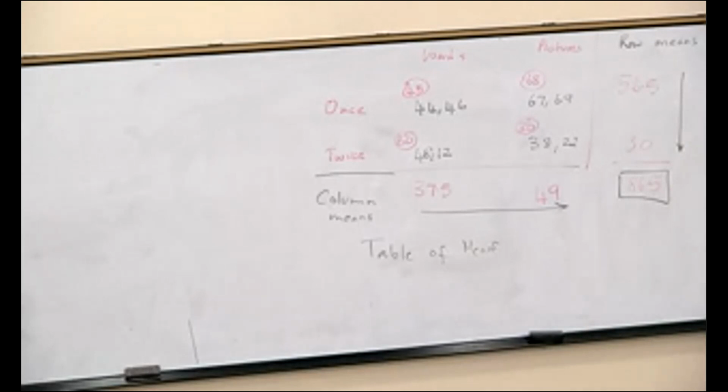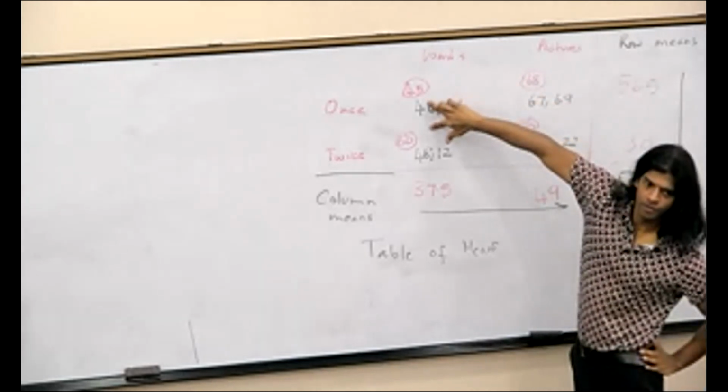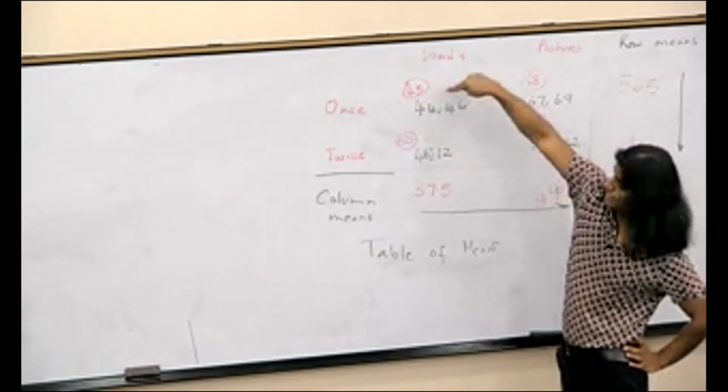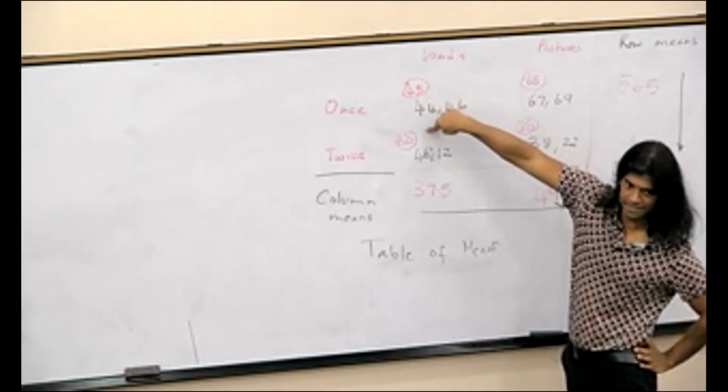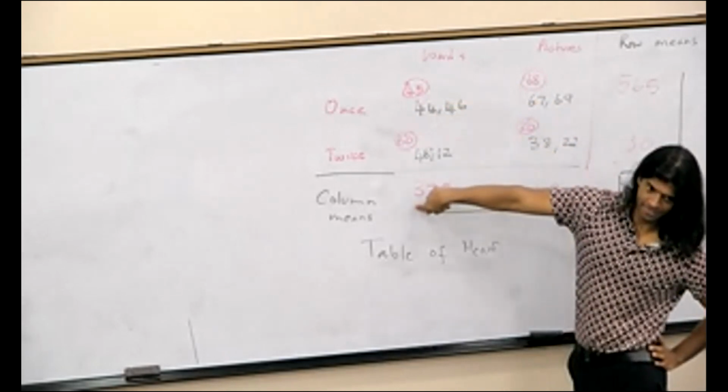Are we good? I don't know how you get the numbers. Which numbers? Like the 37.5, 49. This one, the average of these two. No, the one in red. Okay. So 45 plus 30, 75 divided by 2, 37.5.